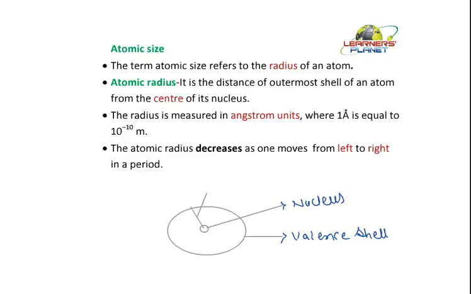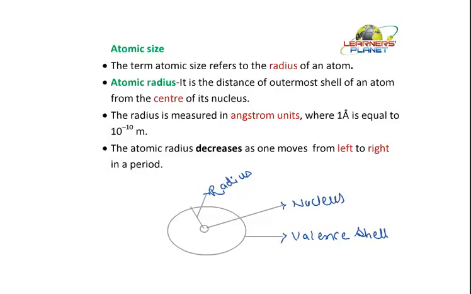Now, the electrons keep on moving around, so they are in motion. Can we exactly get the location of the valence shell? No. So that's why the atomic radius is measured in its molecule.